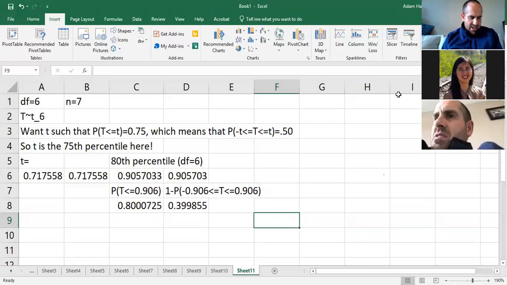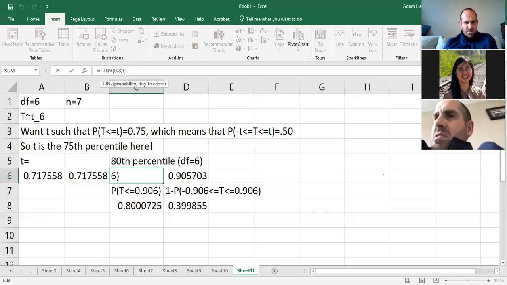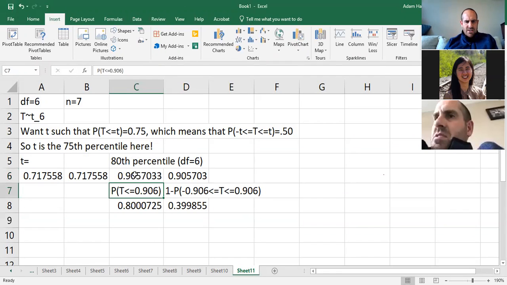When I computed this number right here, 0.905 whatever, this is basically like me saying there was an 80% right here, and the degrees of freedom were 6. So this number says below this is 80% of the data. So let me draw a picture.